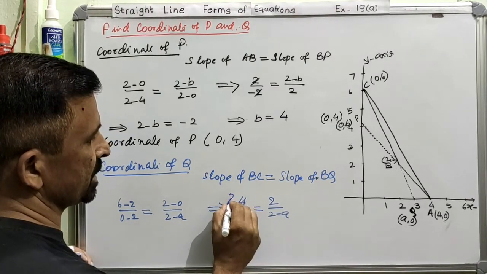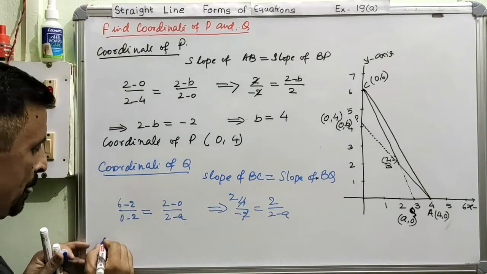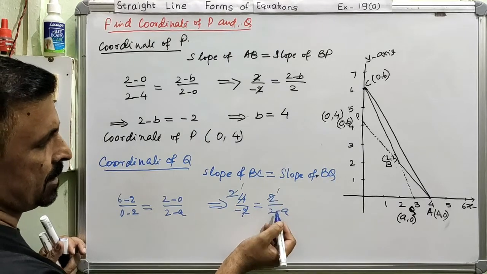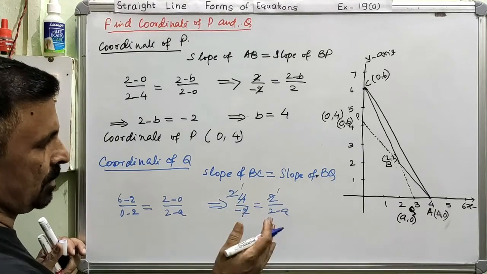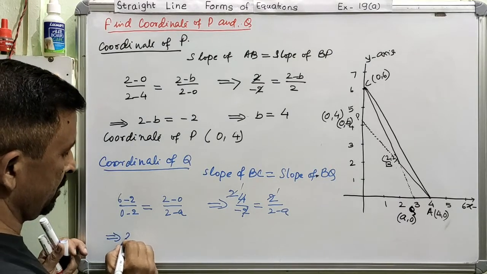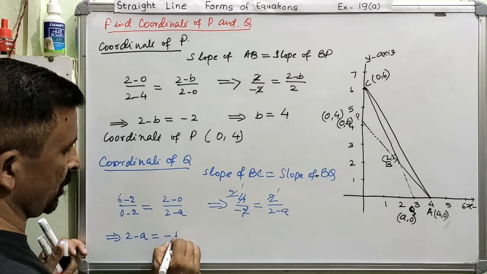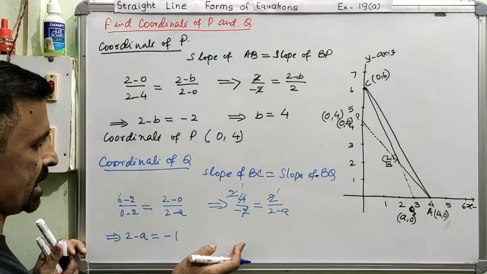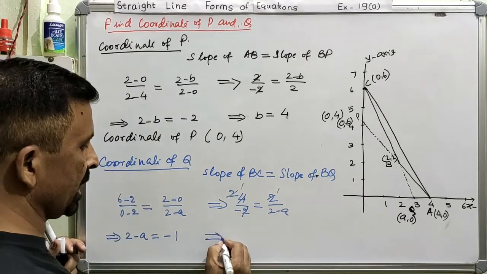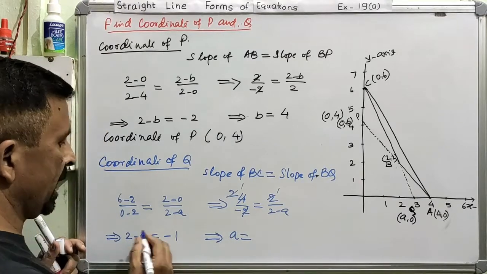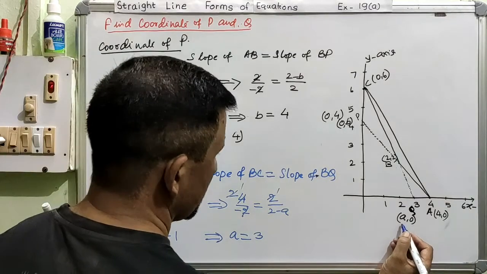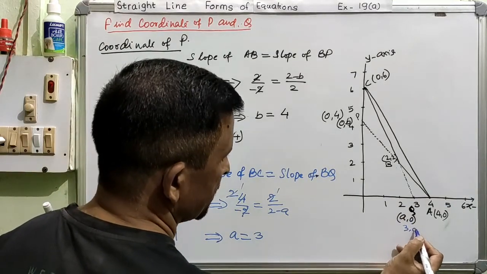The 2 cancels, so this is minus 1 and this is 1 over 2 minus a. Now cross multiply. It becomes 2 minus a is equal to minus 1. Now this minus a goes to that side and becomes plus, and this minus 1 comes to this side and also becomes plus, so a becomes 2 plus 1, which is 3. So this becomes the coordinate of your point Q: 3 and 0.